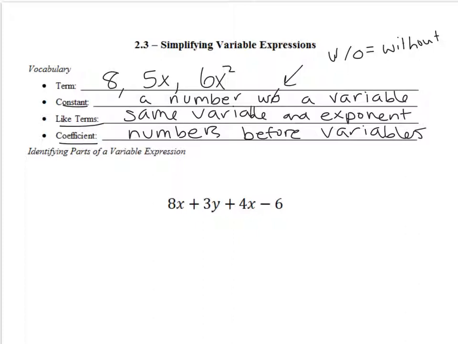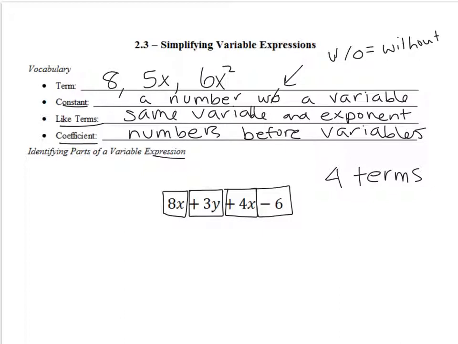So we're going to look at this expression. This expression has 1, 2, 3, 4 different terms. It has 4 terms. The constant, the number without a variable, is -6. Not all expressions have constants.